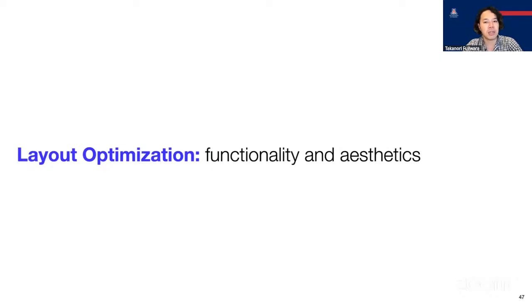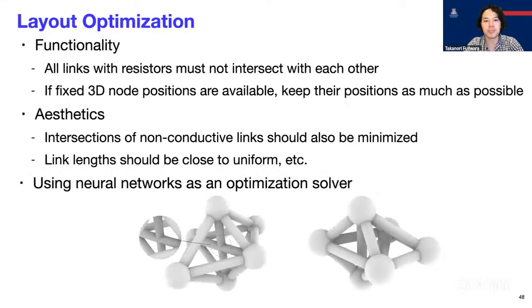Now I will move on to the second sub-goal, layout optimization. We consider both functionality and aesthetics here. For functionality, we must avoid intersecting links with resistors to avoid messing up the electrical circuit functionality. Also, as we focus on physical networks, there can be a positional constraint as well.